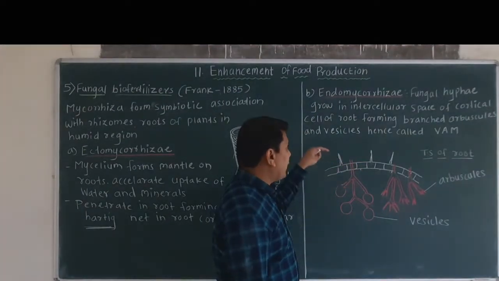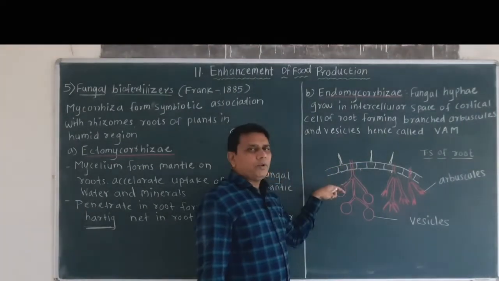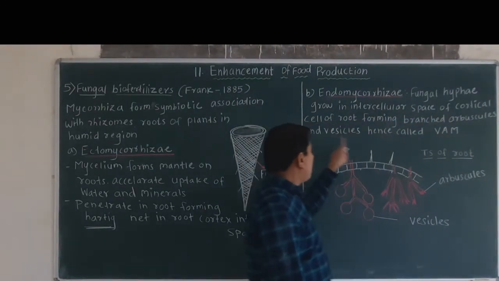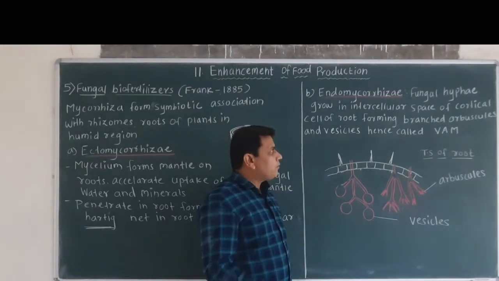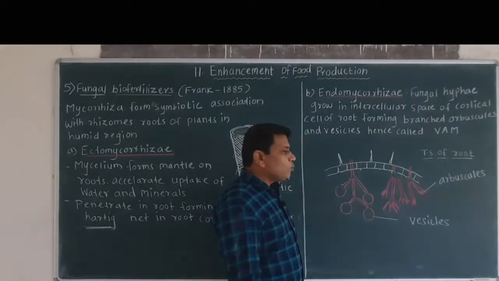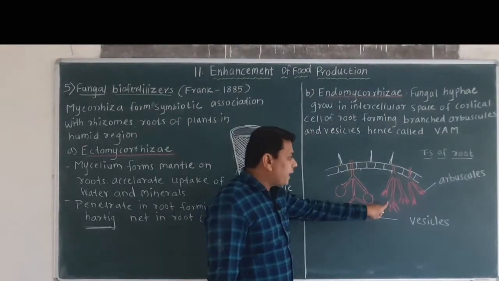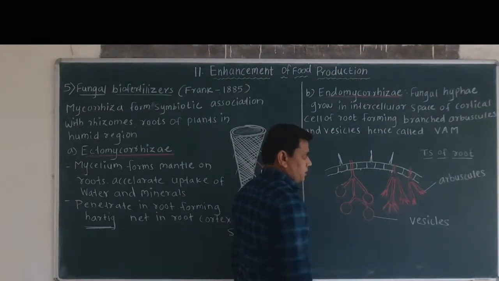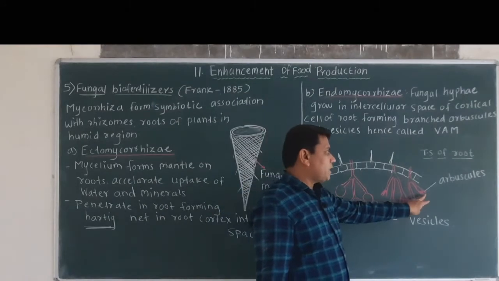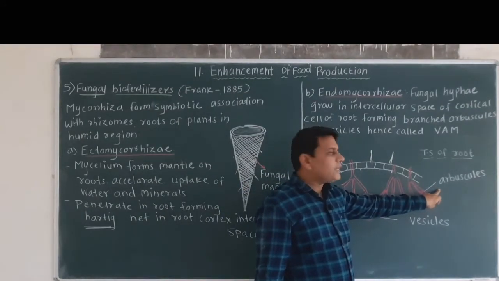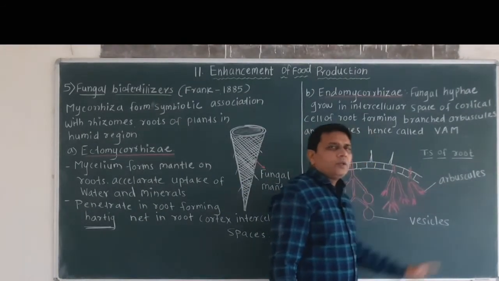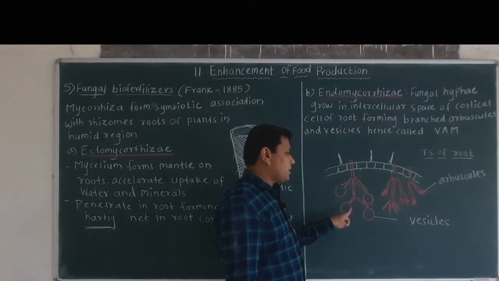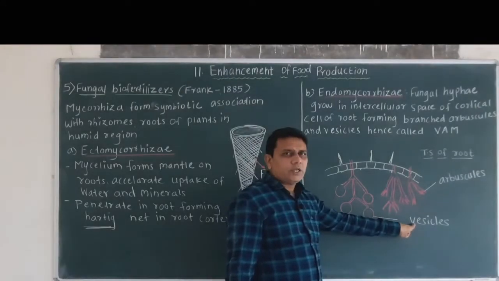So these fungal hyphae grow in between the intercellular space of cortical cell and form two structures. Now the branched structures, here we can see the branched structures. This branched structure of the hyphae is called arbuscules. Then they form spherical structures, and these spherical structures are called vesicles.